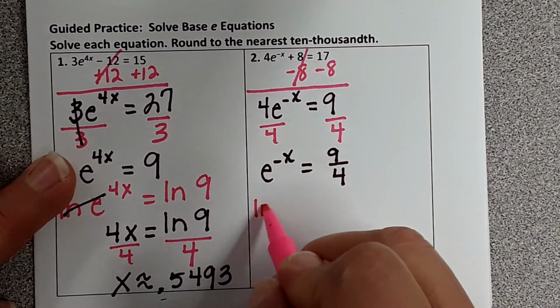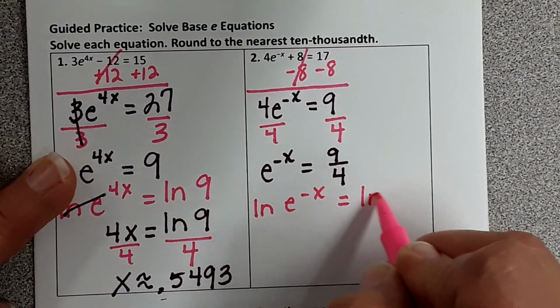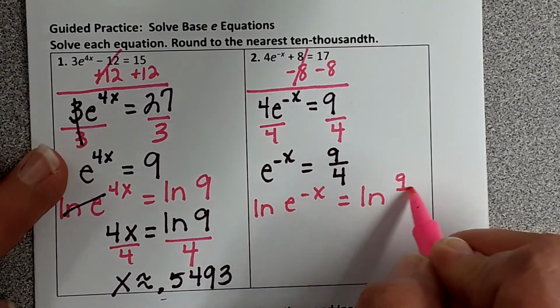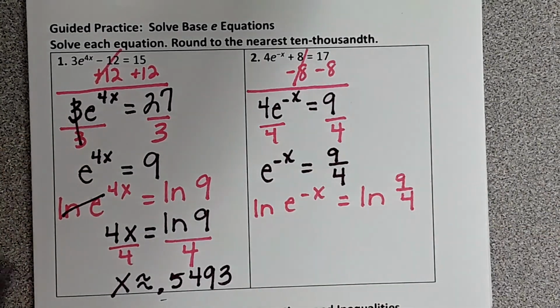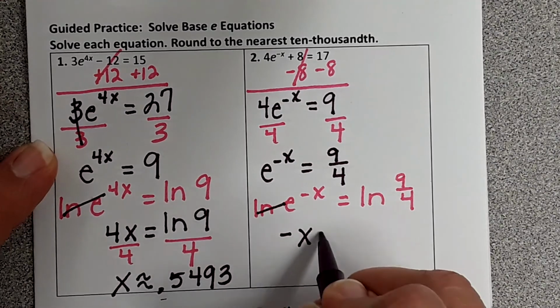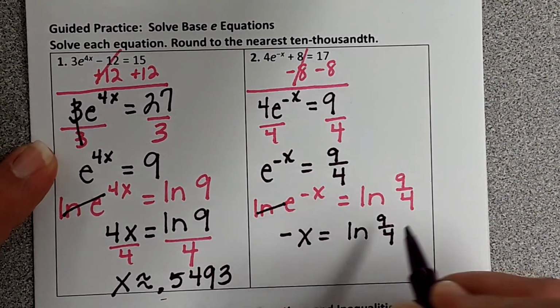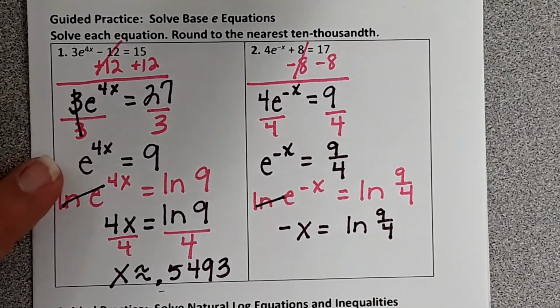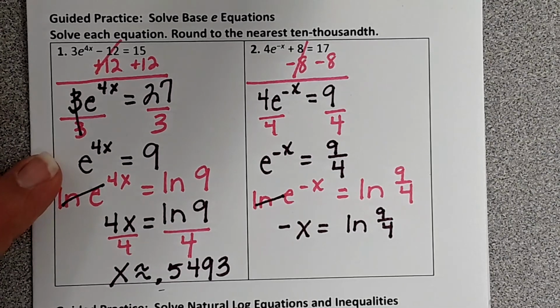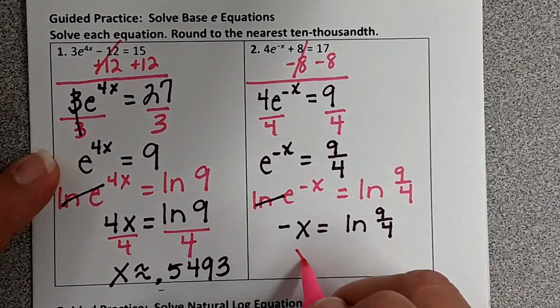The natural log of both sides. Can I leave it as negative x though? Okay, so what do I need to do? Divide everything by negative 1.